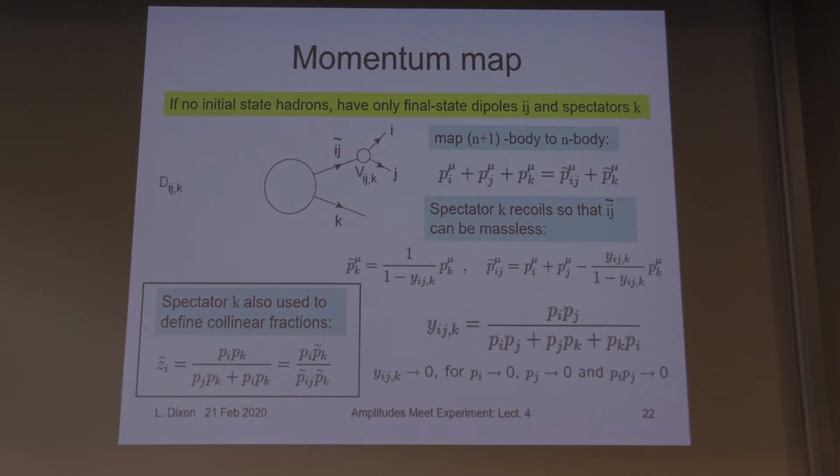That is, you need to say that p_i dot p_j is small compared to something else. And once you've done that, you need to know what fraction i carries. So if you use k as the reference for the collinear limit, you take p_i dot p_k and divide it by the sum p_j dot p_k plus p_i dot p_k, and that defines the momentum fraction, and this definition holds even outside the collinear limit.